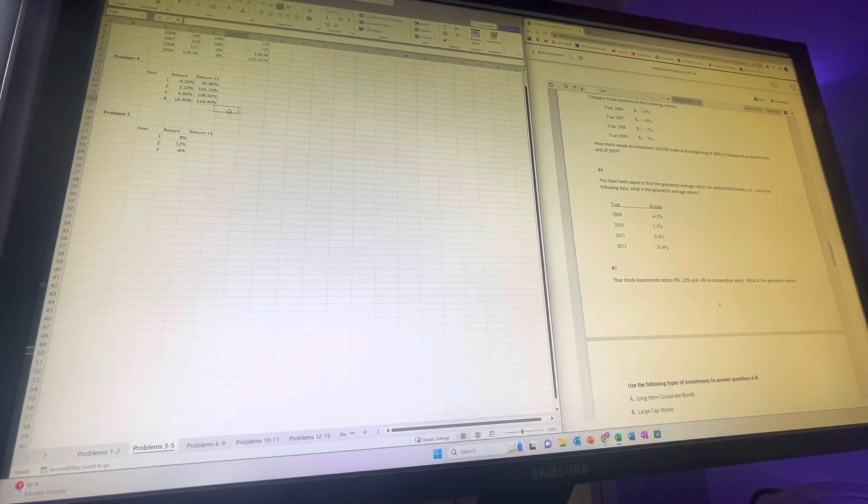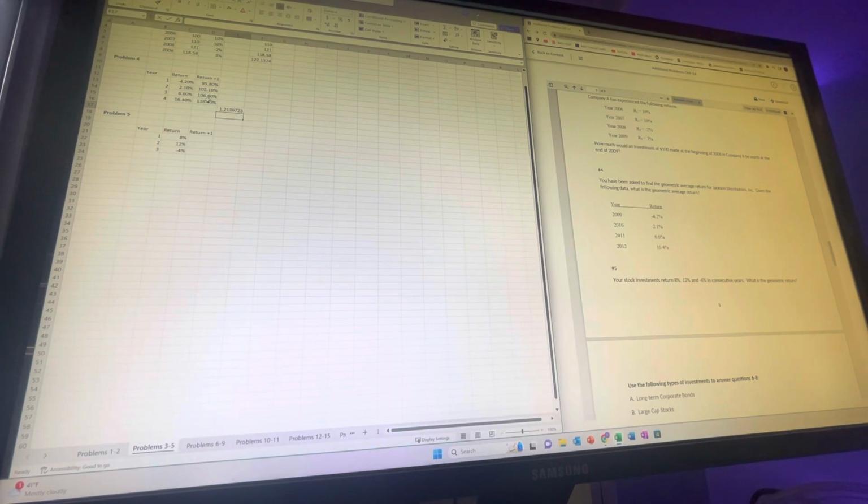So now what we're going to do is we're going to multiply these percentages together. So equals the product of all of these. Let me find my cursor. There we go. So we get 1.2136.